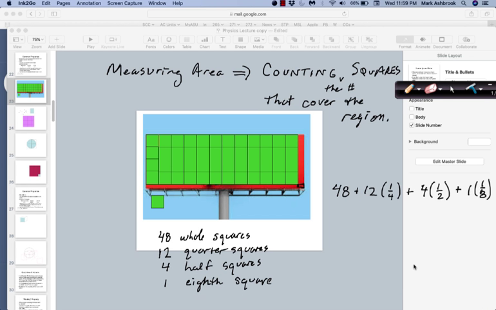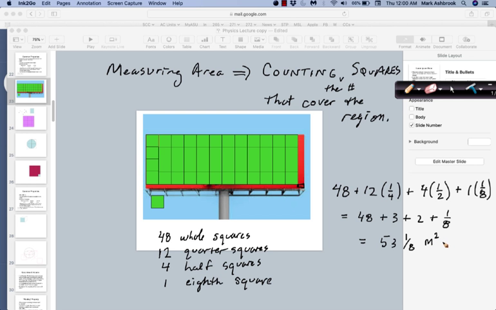If we want to count the number of squares, I counted 48 whole squares, 12 quarter squares, 4 half squares over here, and then that one little one here is a half of a quarter or an eighth, so 1/8 square. And so we get 48 plus 3 plus 2 plus 1/8 is 53 and 1/8 what?